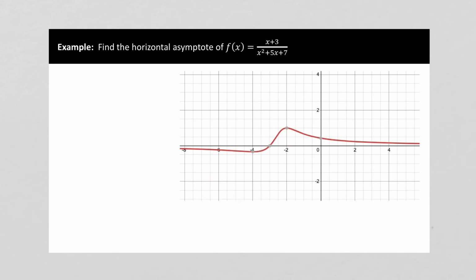For this one, we want to find the horizontal asymptote. Now, horizontal asymptotes, there's some rules here. If the degree of the top is less than the degree of the bottom, then the horizontal asymptote is automatically y equals 0.